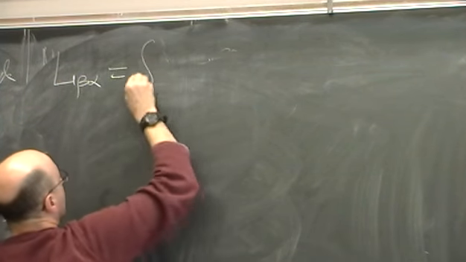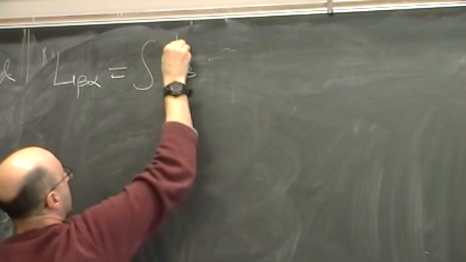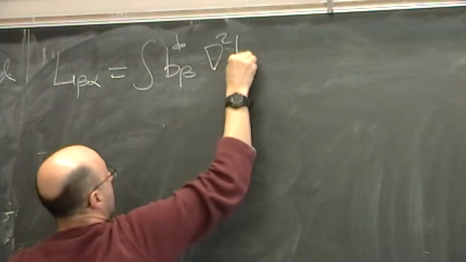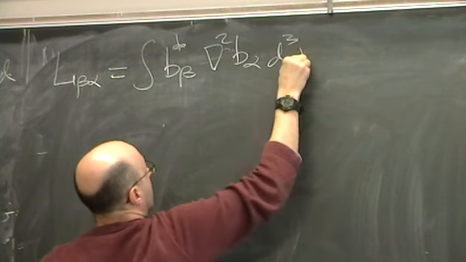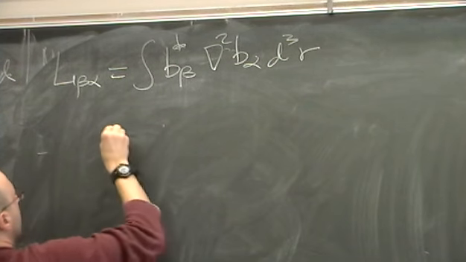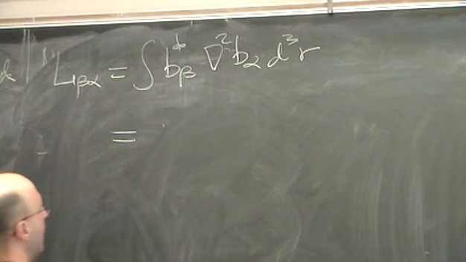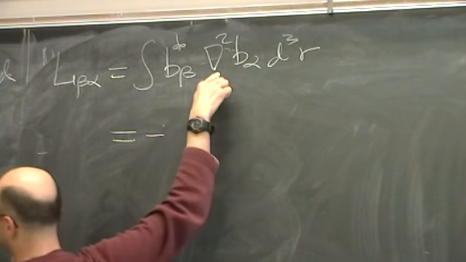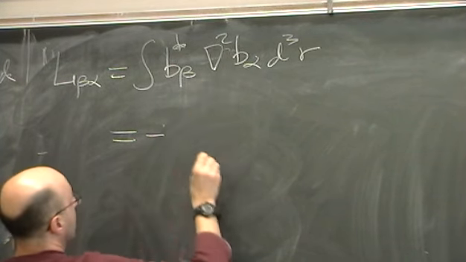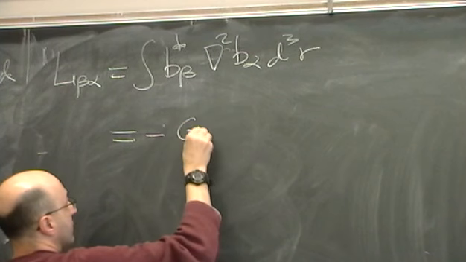Again, that's going to be the integral of b beta star del squared b alpha d cubed r. Well, we can go through it if you want. It's the same thing we had before, right? You're going to have a minus sign because the del squared pulls out two factors of i. You're going to have G alpha squared.